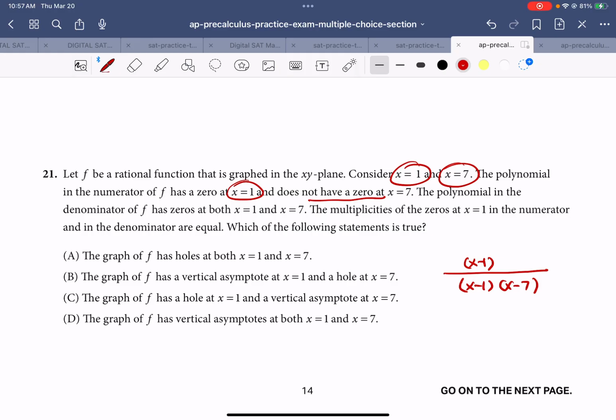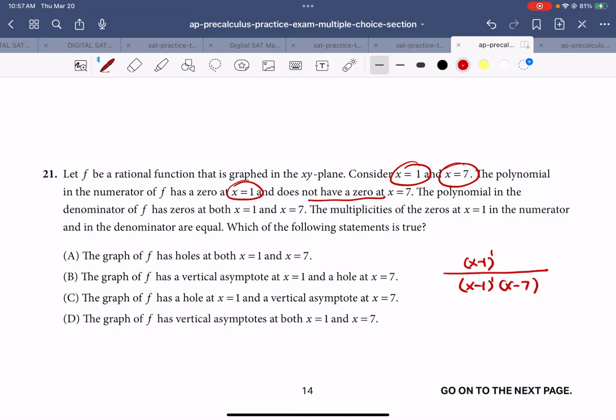Now, the multiplicity of zeros at x equals 1 in the numerator and also in the denominator are equal. So it could be like that, right? 1, 1. Or it could be 2, 2, like that. Same multiplicity or power, right? Now, which of the following statements is true?